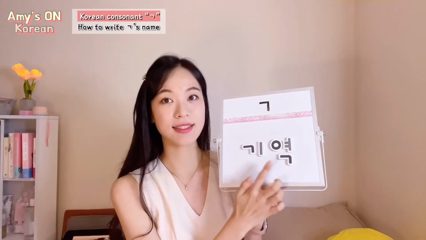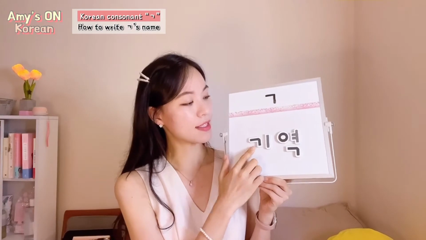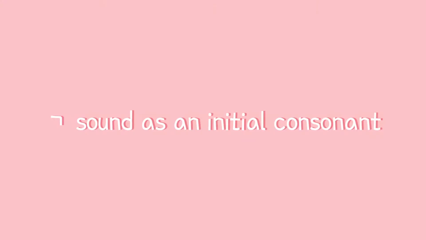Just replace the vowel 으 with 이 for the second letter. So this is its name, 기역. Do you see that the 기역 is used twice in its name? It is used as an initial consonant for the first syllable, and it's used as a final consonant for the second syllable. So if you know about the names of the consonants, you can guess their sound when they are used as an initial and a final consonant.